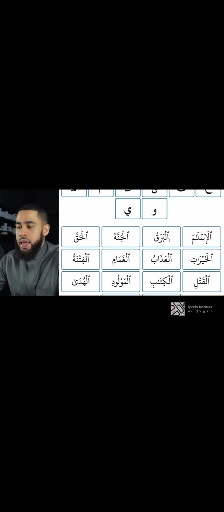Next one. Al, ba, ra with sukoon, al-barqu. Al-barqu. Next one. Remember, this is Hamzatul Wasl, and after it is a lam sukoon. So we know this is the definite article al.